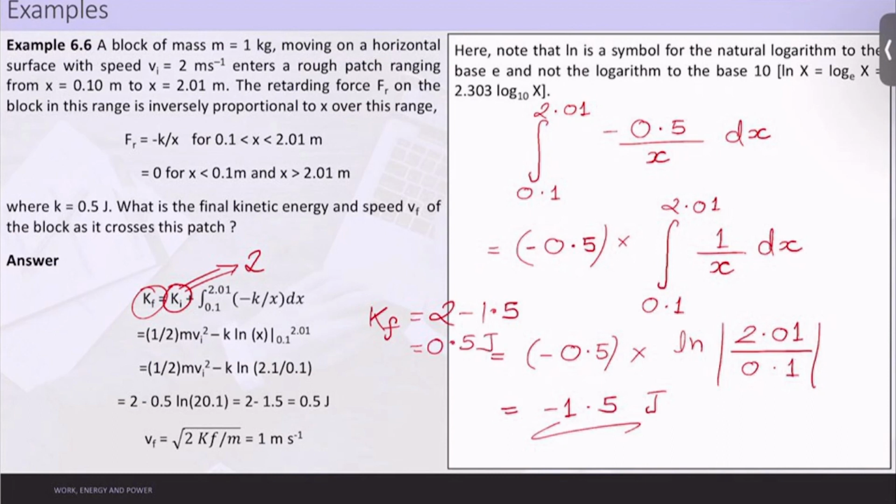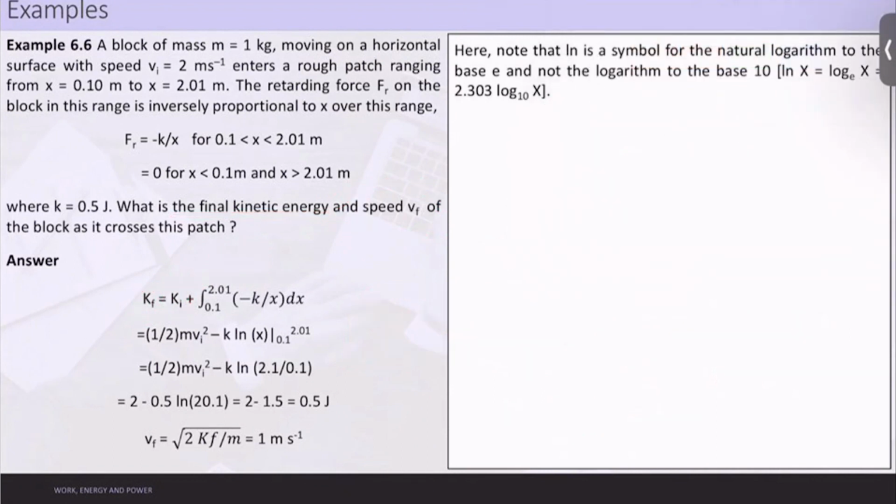And that is the first part of this question, in which we need to calculate the kinetic energy of the block as it crosses this patch. Now the second question which is asked is, we need to calculate the final velocity or final speed of the block. Okay, now it's a simple question. You just need to use the kinetic energy formula. So what is the kinetic energy formula?